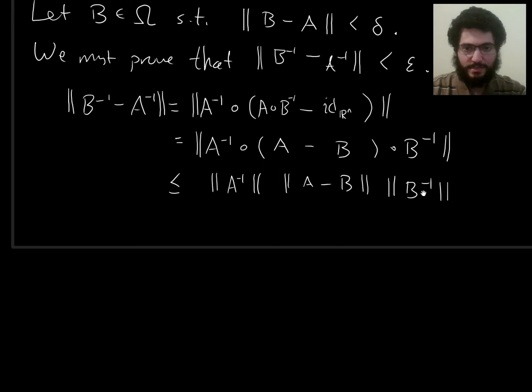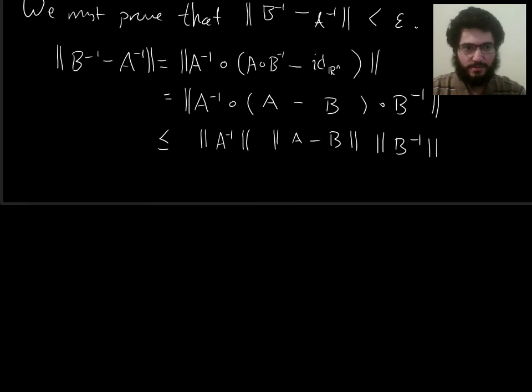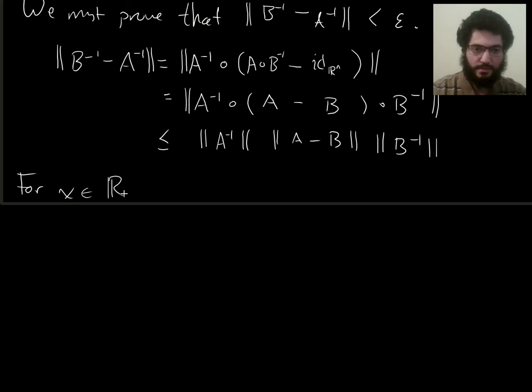Okay, so let's see if we can get this norm B inverse under control. So let's think about applying B inverse to a vector. So for x in Rn, let's say with norm x less than or equal to 1.